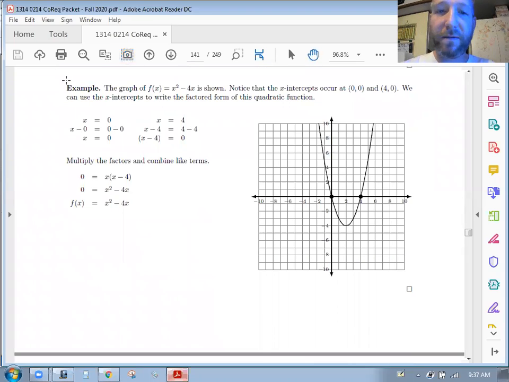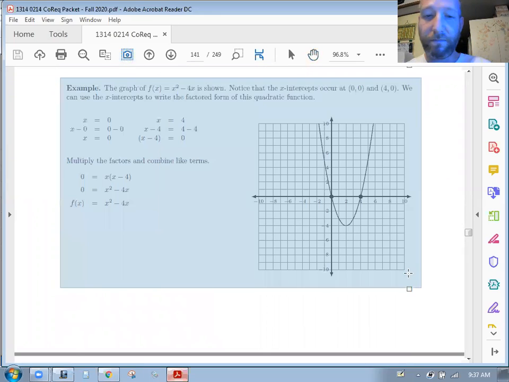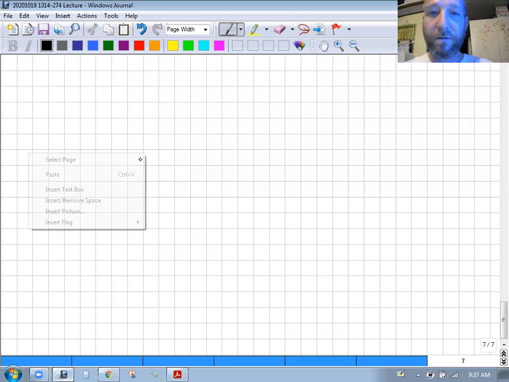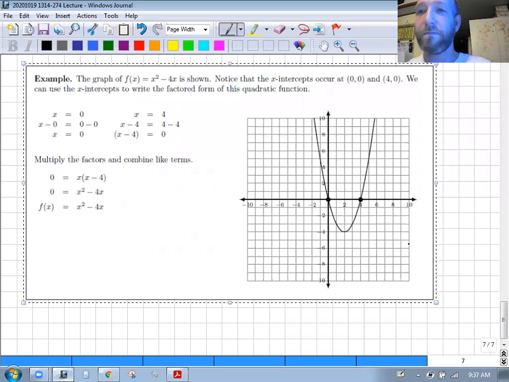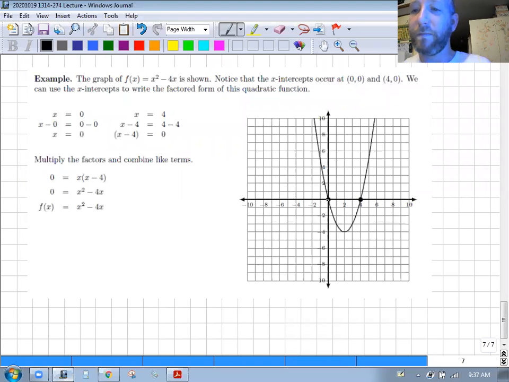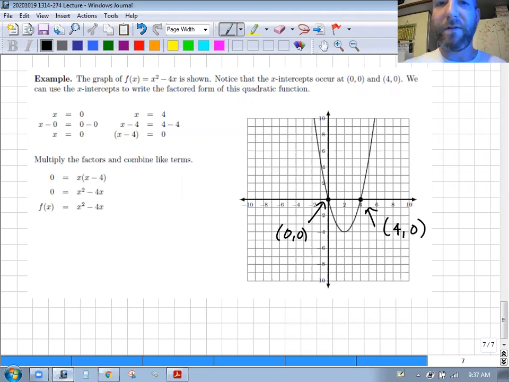So here's another example. All right. Here are our x-intercepts, 0, 0 and 4, 0. So we have x equals 0 and x equals 4.